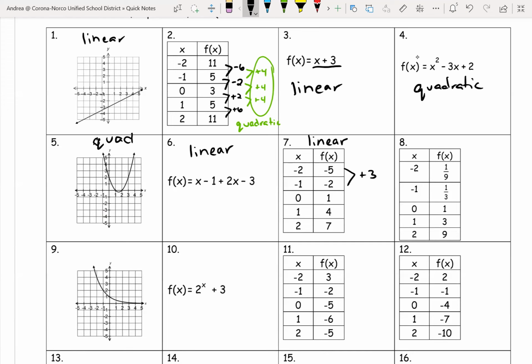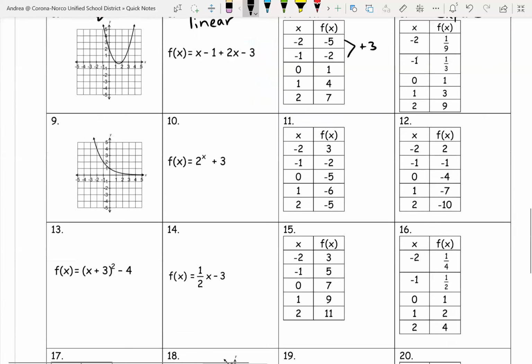Rylan, what'd you get for number 8? Very good, exponential. Okay, do we understand this? Okay, keep going with the rest.